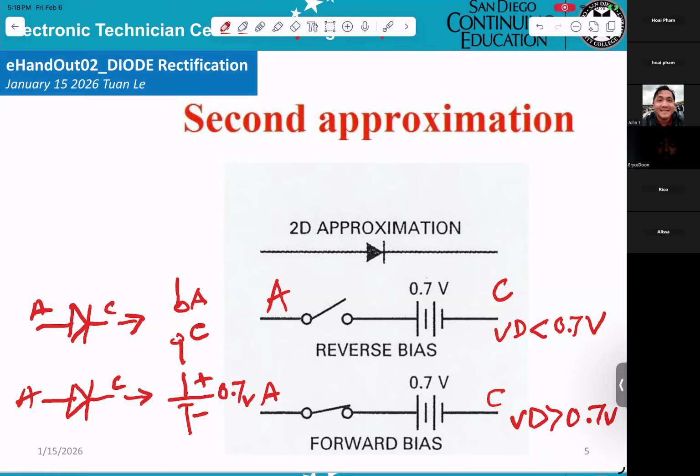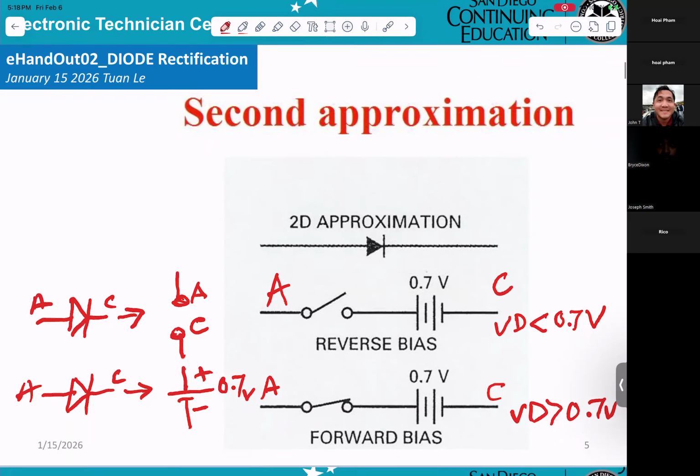That's the key point. So the only thing when you're working with a diode, you have to come up with the open or the close. If they open, then you have to redraw that diode as open. And if the diode is closed, you substitute the diode by the battery, like I show you here. That's the key point to do diode.